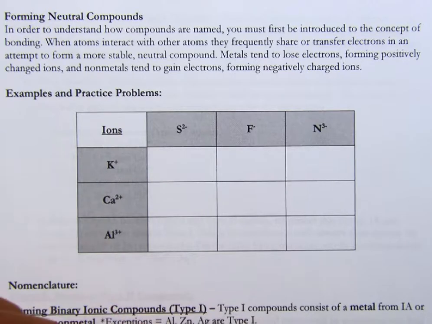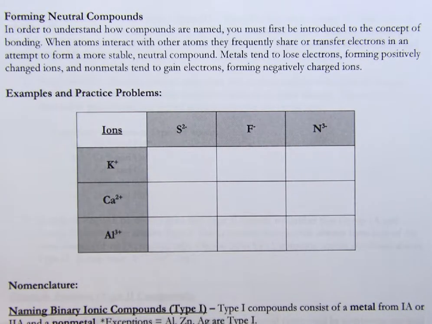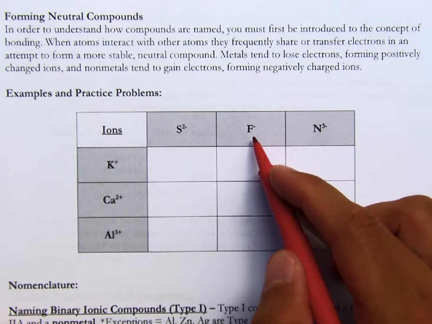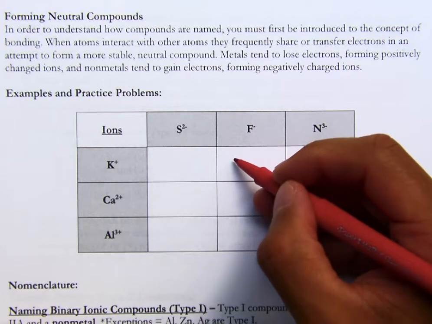Okay, so here's a table, and in the missing space, I'm going to write the formula for the neutral compound that will form when these two ions interact. Just to jump in, this is potassium ion, it's +1, and this is a fluoride ion, it's -1. You usually write metal and then non-metal, or positive and then negative.